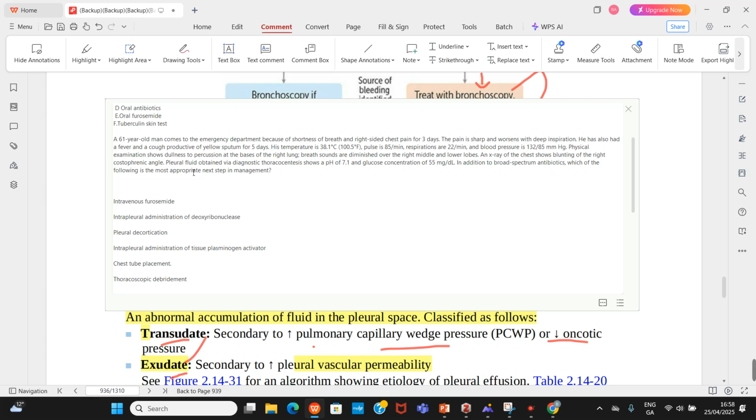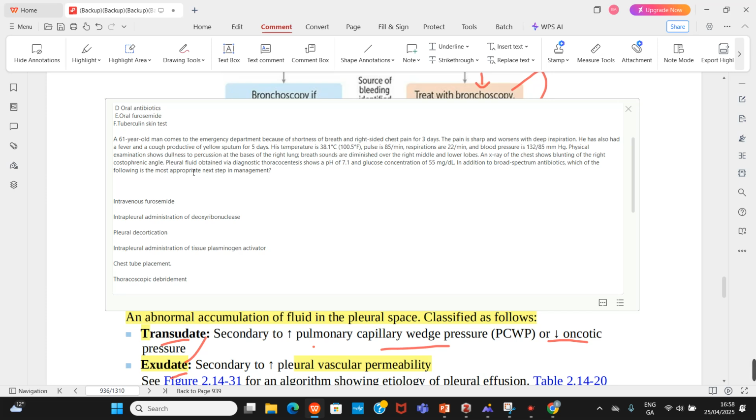Physical examination shows dullness to percussion at the base of the right lung. Breath sounds are diminished over the right middle and lower lobes. An X-ray of the chest shows blunting of the right costophrenic angle. Pleural fluid obtained via diagnostic thoracentesis shows a pH of 7.1 and a glucose concentration of 55. In addition to broad-spectrum antibiotics, which of the following is the most appropriate next step in management?